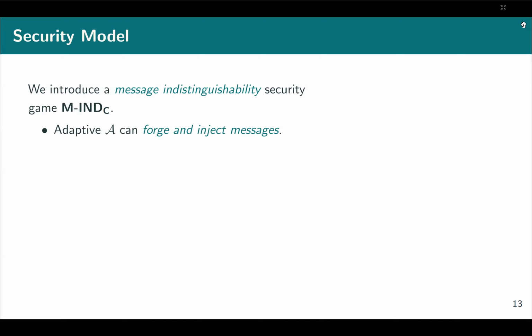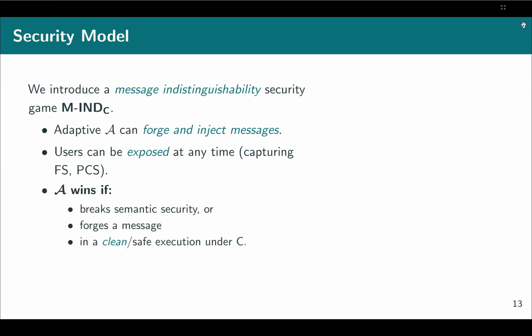We have an adversary that can play the group through some oracles, and in particular can expose users at any time. This captures forward security and post-compromise security. It can also forge and inject messages. And then the winning condition is that the adversary needs to either win a semantic security game, a message indistinguishability game, or to forge a message successfully.